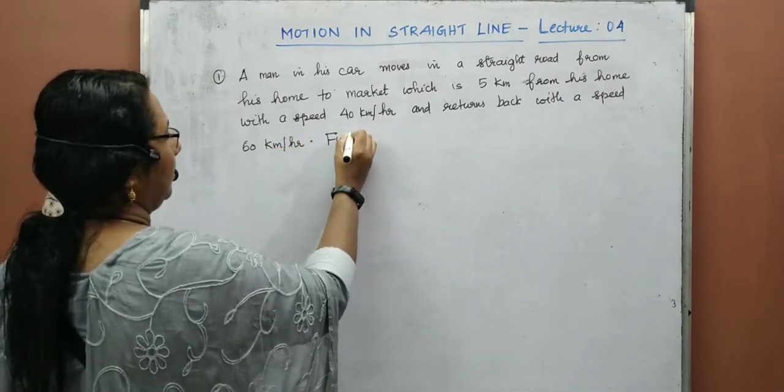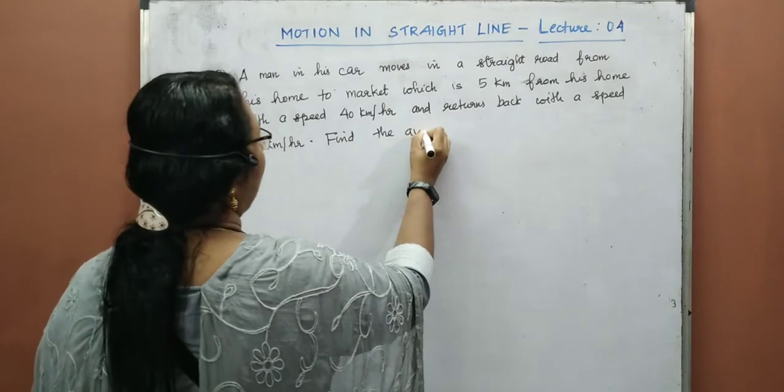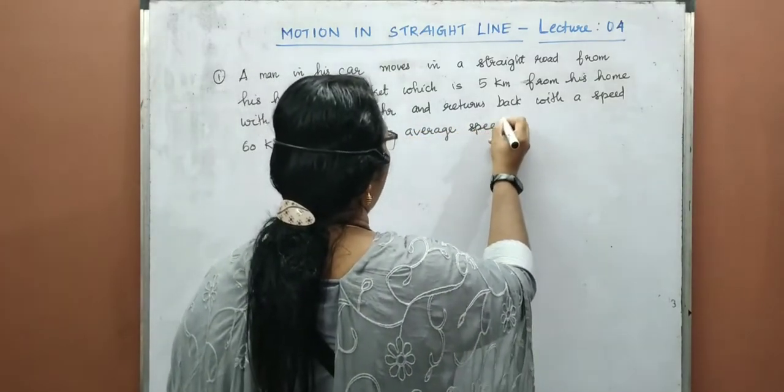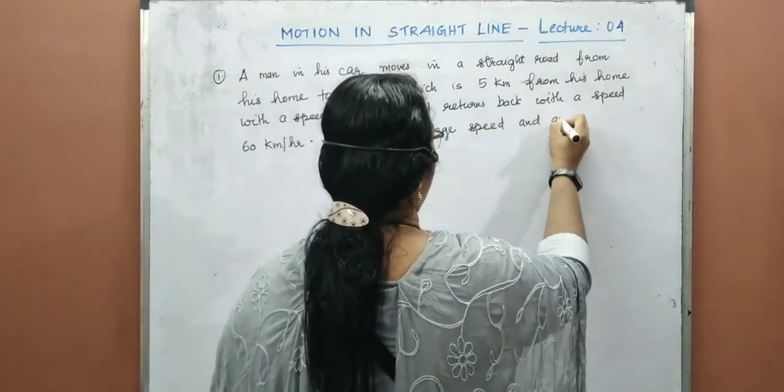The question is to find the average speed and average velocity.